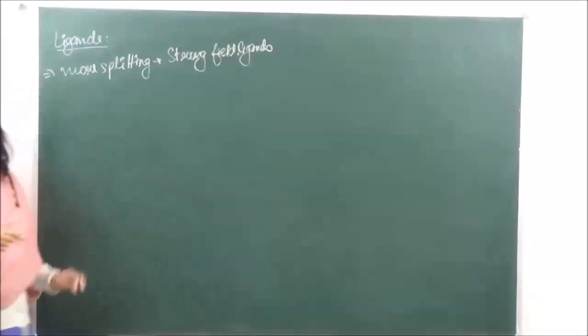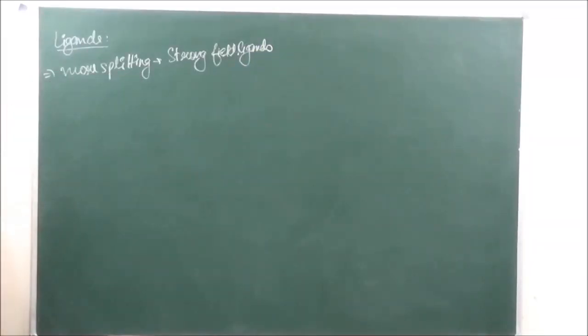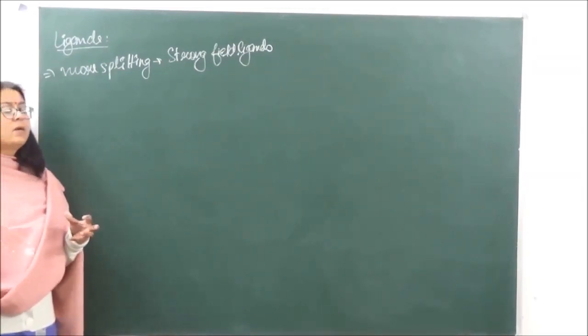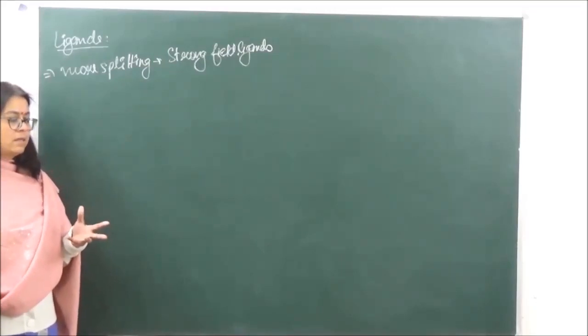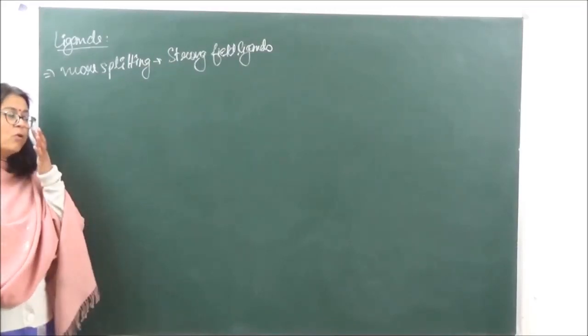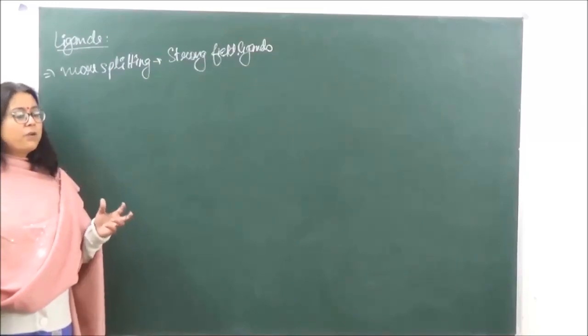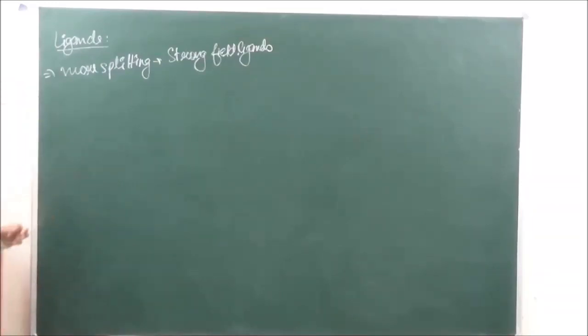Those ligands can approach the central metal atom with greater ease. Because they can approach the central metal atom with greater ease, they bring about more splitting and are known as strong field.